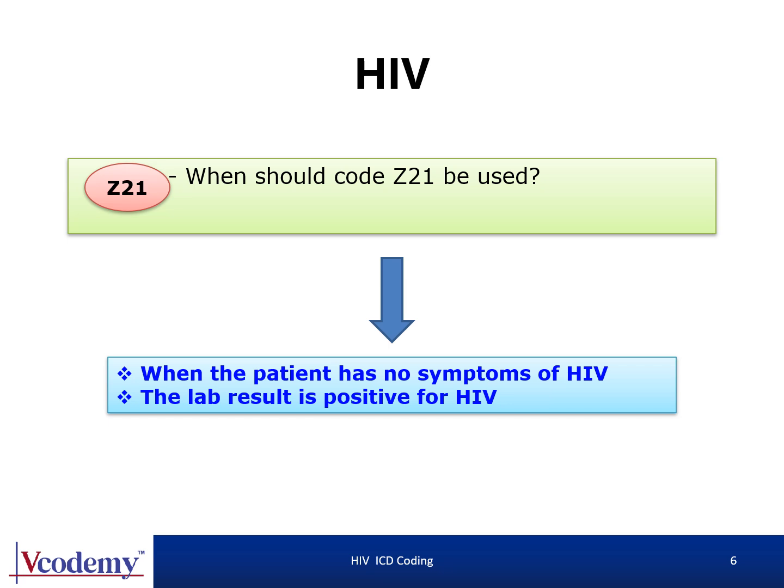The patient will have a statement like the lab result is positive for HIV. The blood test report alone states that he is a carrier of the HIV virus, but otherwise he is perfectly healthy without displaying any symptoms or signs of HIV. Asymptomatic HIV, you will use the code Z21.